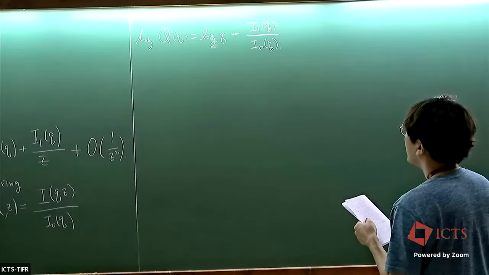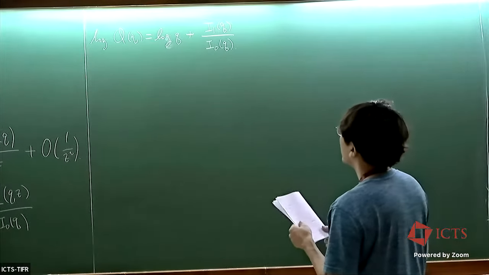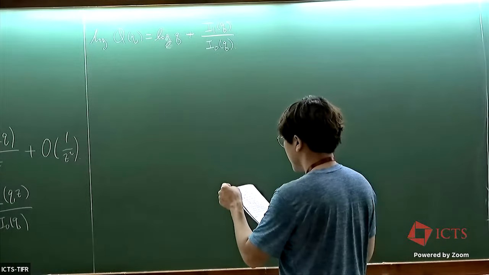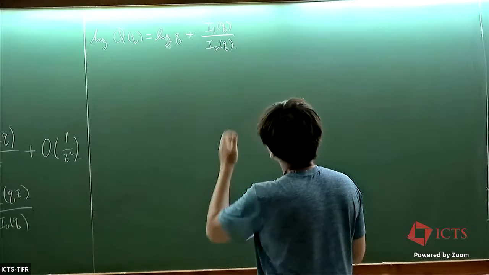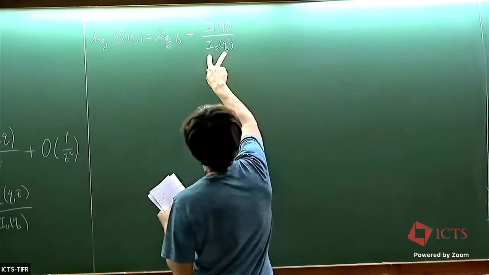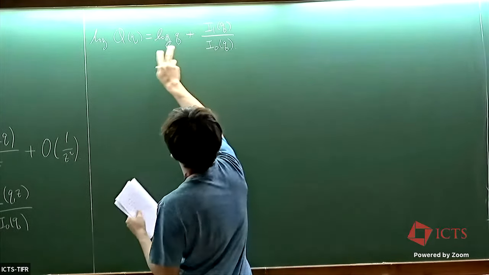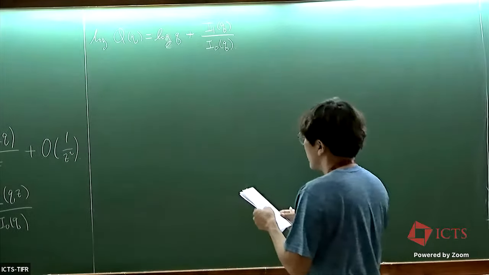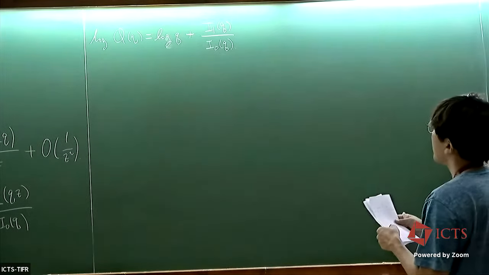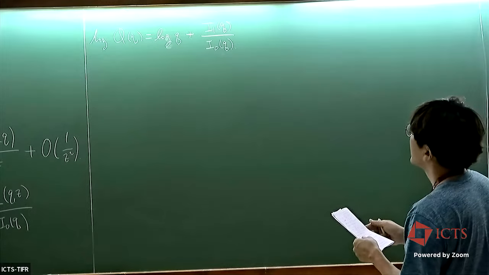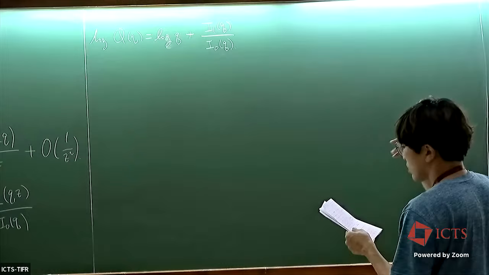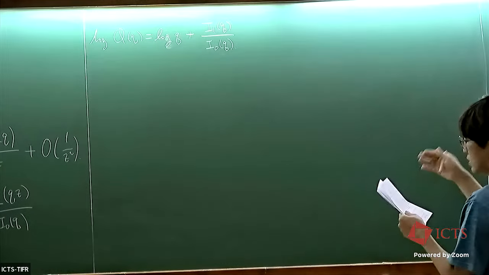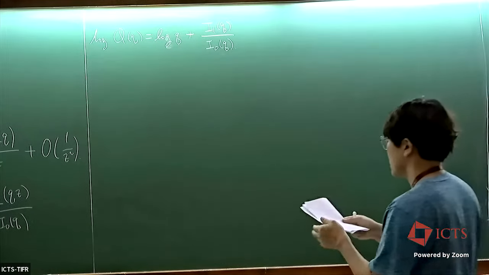To be more precise, anyway, this is some cohomology class. So this mirror transformation is not just a transformation of Novikov variables. It's actually a cohomological one. The mirror transformation is a cohomology transformation.